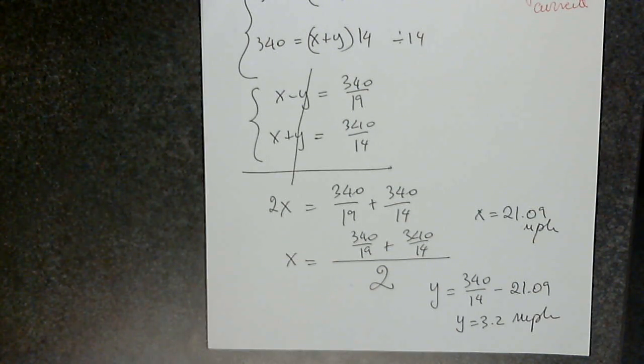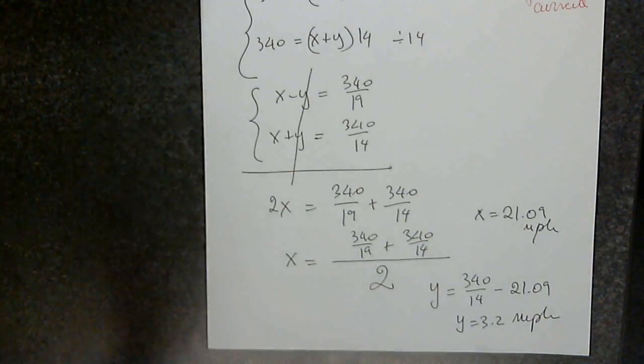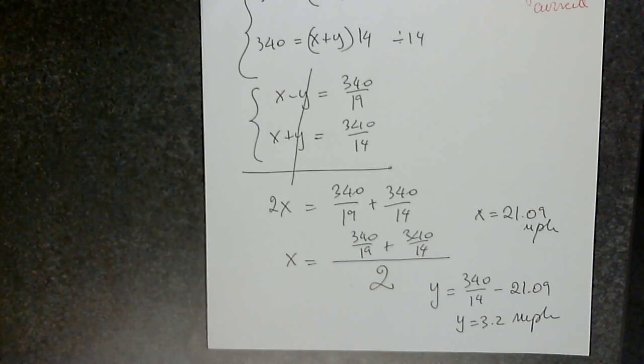Of course, I'm not going to get exactly 340 because I rounded it. Okay, and now the other one, 21.09, and I will add 3.2, press enter and multiply by 14. What should the answer be? 340. Good. So then the speed of the boat is roughly 21, and the speed of the current is 3.2.